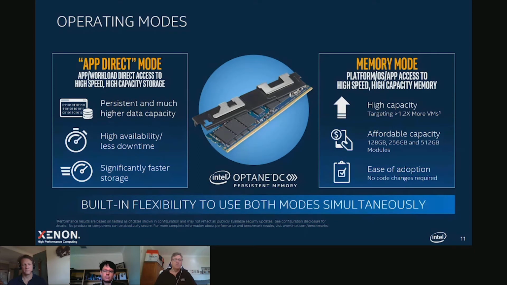The other way that it's being used is to provide much higher availability. So if you look at something like SAP, it stores the column indexes on the persistent memory modules. And then when the SAP HANA system reboots, those in-memory database indexes are already available.